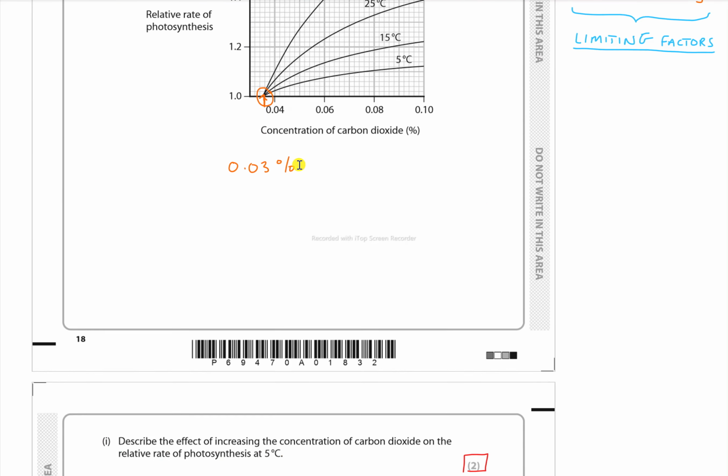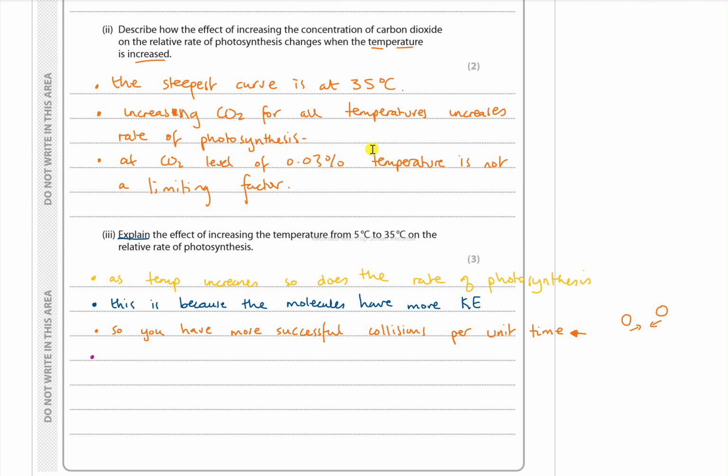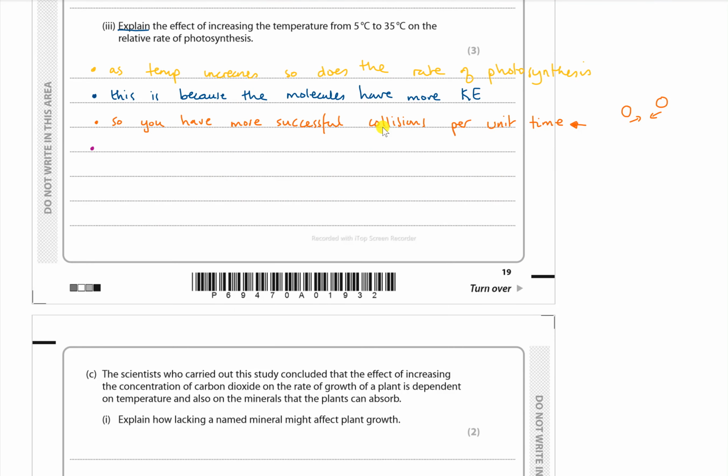Where are we? So if we look at this, what's going to happen is this is going to level off first. Well, it's almost leveled off. So 5 degrees is really your temperature. So we can say temperature becomes a limiting factor.